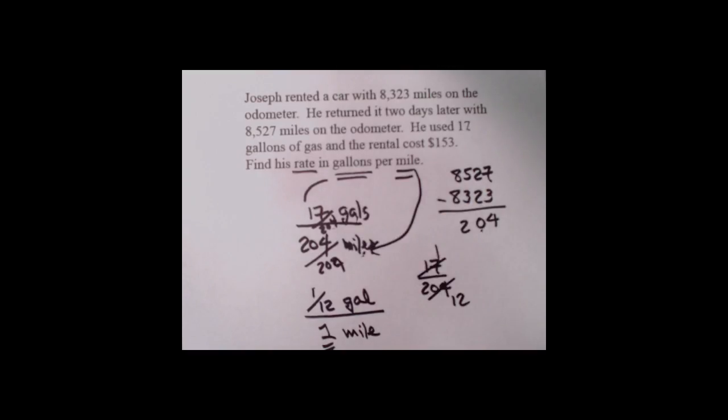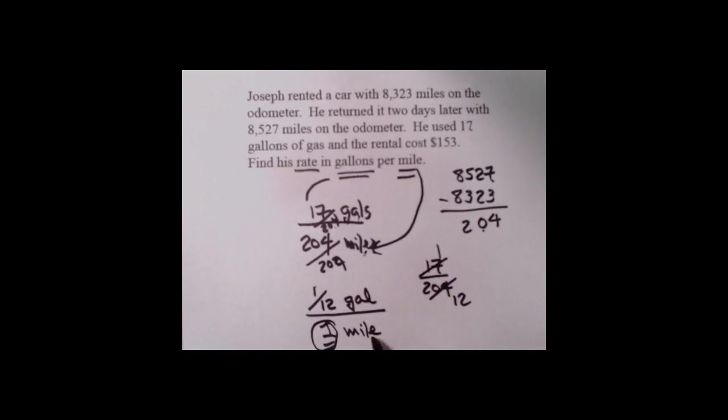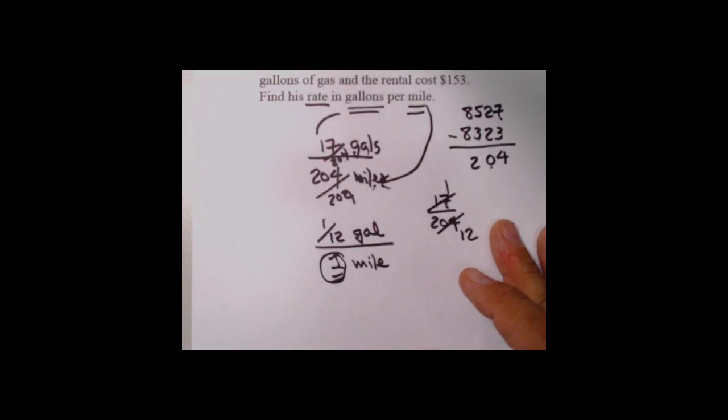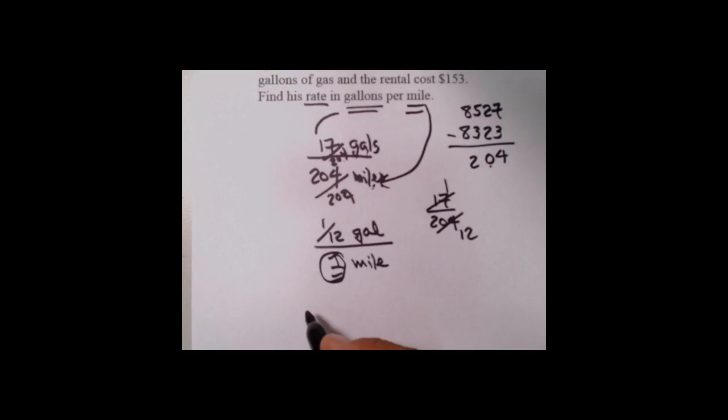The reason we did that again is we wanted to get this 1 downstairs so we could use the per notation. And upstairs, I just took 17 over 204 and reduced it. You could again give it as a decimal value. But the idea here being then, now we can make the statement that the rate was 1/12 gallon per mile.